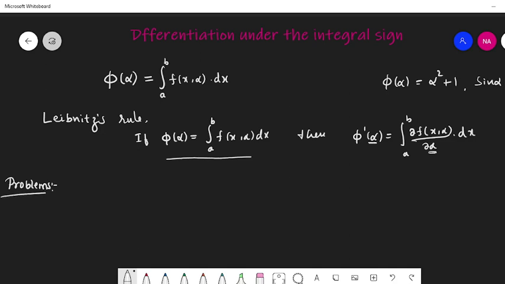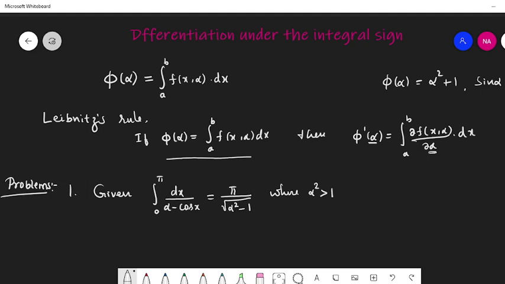So first I'll consider a simple problem. Given integral 0 to pi dx divided by alpha minus cos x equal to pi by square root of alpha square minus 1, where alpha square is greater than or equal to, okay, it is strictly greater than 1.